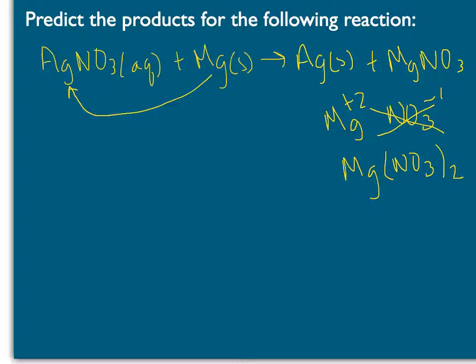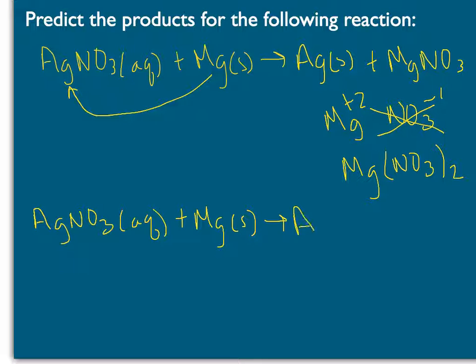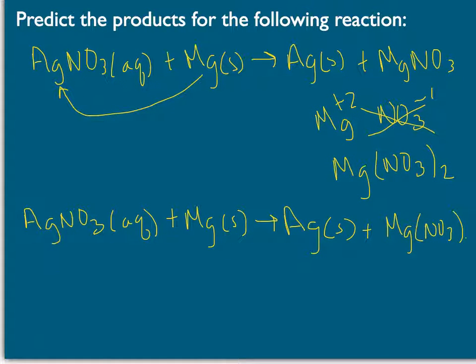Now, to rewrite the equation, we have silver nitrate, which is aqueous, plus magnesium solid produces silver solid plus magnesium nitrate. I'm running out of room there, but it would be aqueous, so you could put (aq) after the magnesium nitrate.